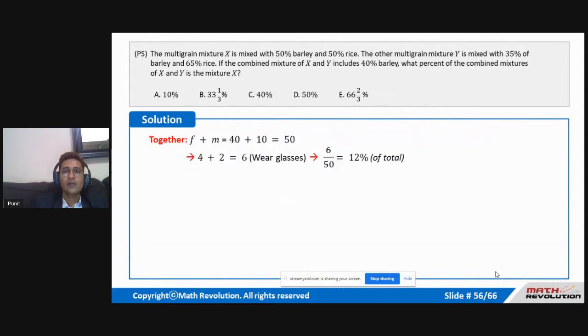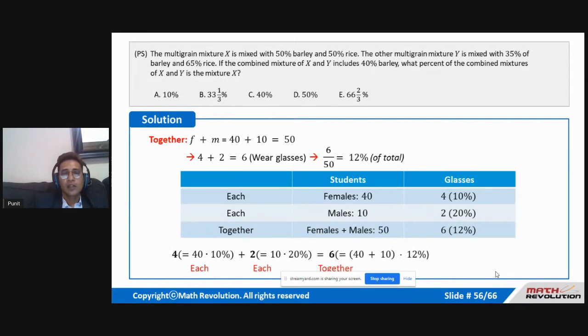Together it becomes 50. 6 over 50, that becomes 12%. Each and together, we can often draw such kinds of relations. Now, this particular example has nothing to do with barley, so don't get confused. This was just an example to show how we apply each and together.